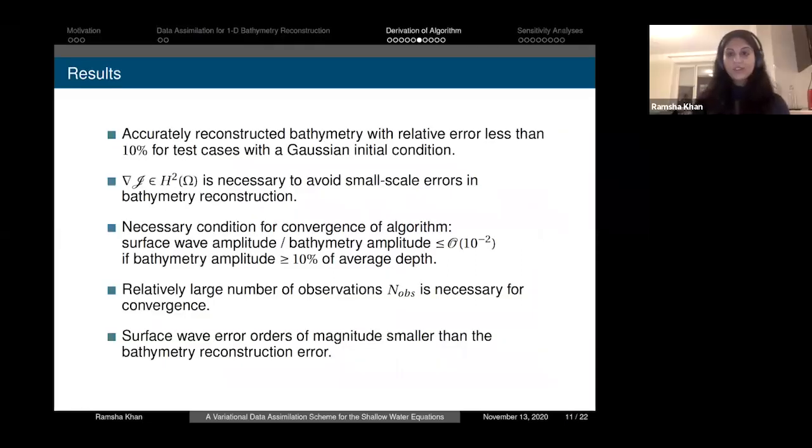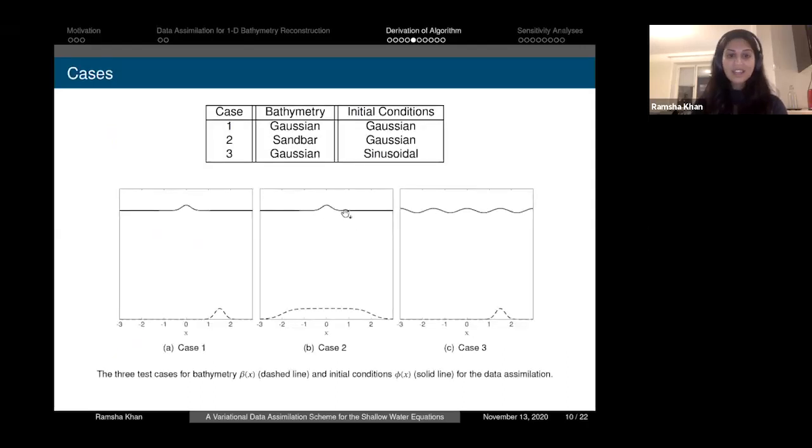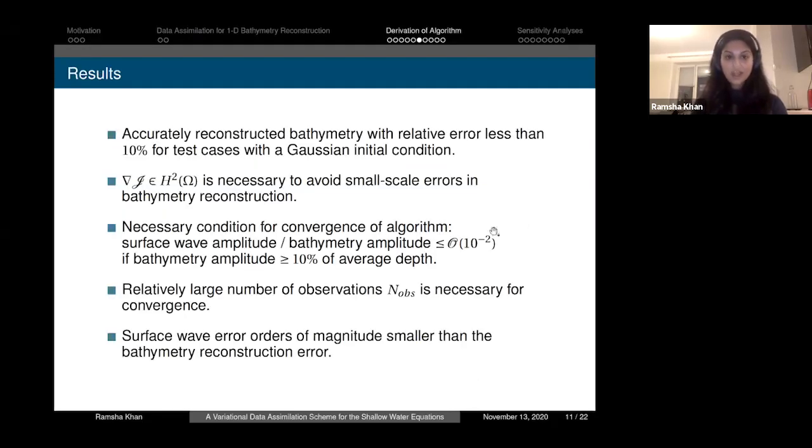And so just a quick summary of the results, and I'll show a few plots of some of them in a second. The first thing that we saw is that we were actually able to reconstruct the bathymetry with a relative L2 error less than 10% for all the cases where we had a Gaussian initial condition. So we weren't able to reduce our error to lower than 10% for the case where we had a periodic initial condition.